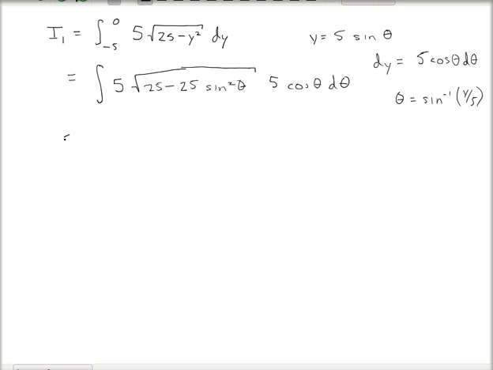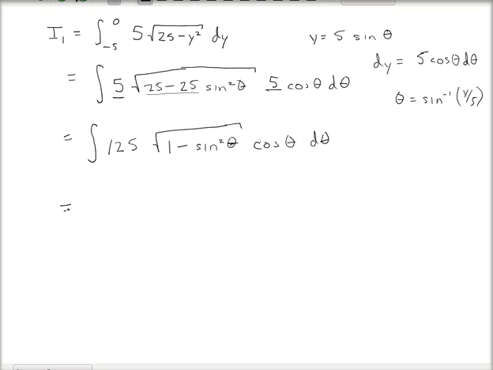Let's do a little simplification. First I've got a 5 here, a 5 here, and then I can pull another 5 out of the square root since I've got those two 25s there. So I'm going to pull out 5 times 5 times 5, which is 125. And then I'm going to have the square root of 1 minus sine squared theta since I've pulled the 5 out of the square root. And then I've still got cosine theta d theta.